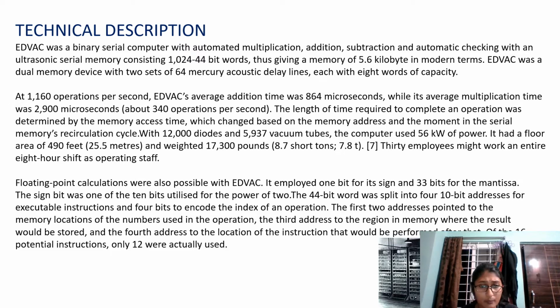The first two addresses pointed to the memory locations of the numbers used in the operation. The third address pointed to the region in memory where the result would be stored. The fourth address pointed to the location of the next instruction to be performed.